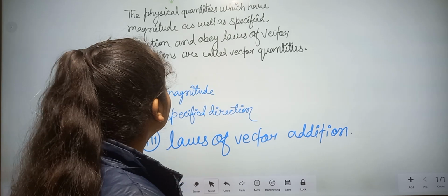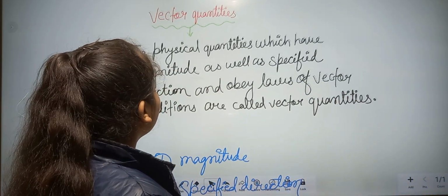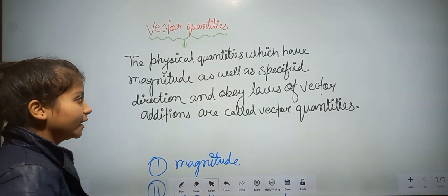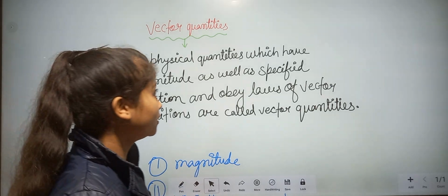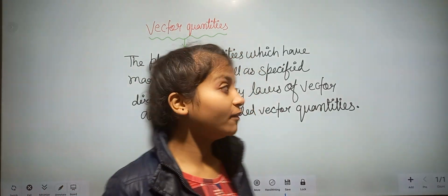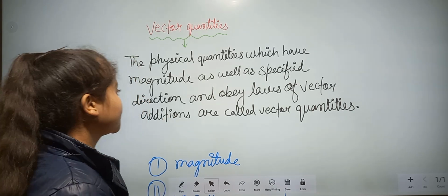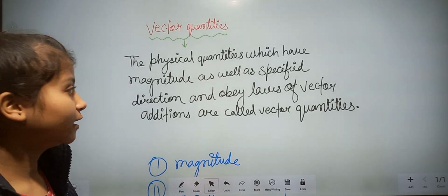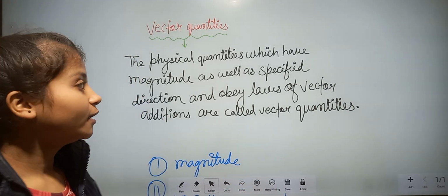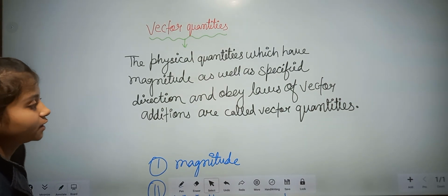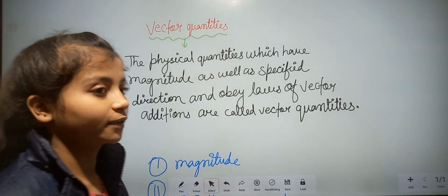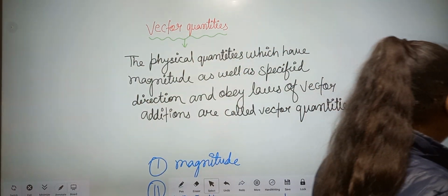In a vector, the physical quantity which has magnitude as well as a specified direction, magnitude means length, and a specified direction means the fixed length, and it obeys laws of vector addition.